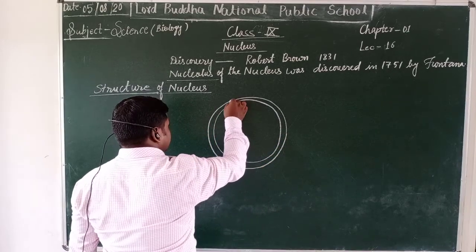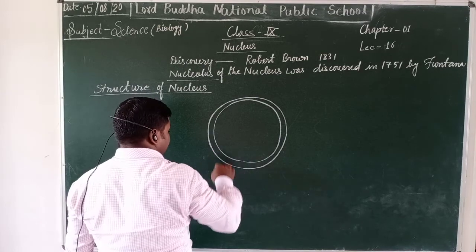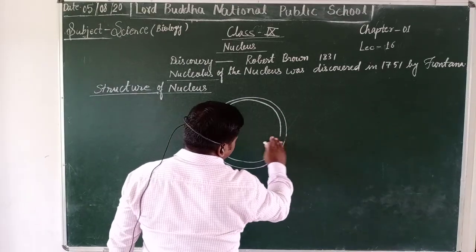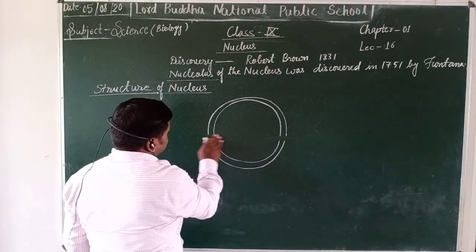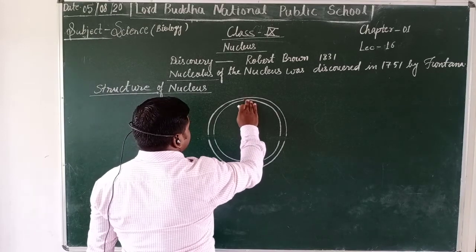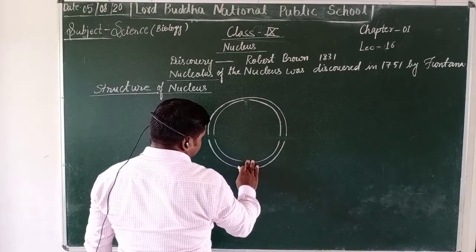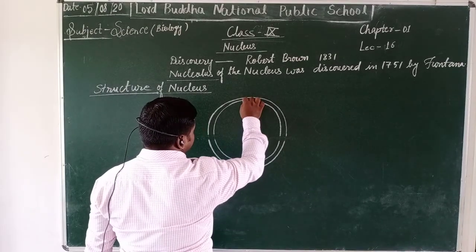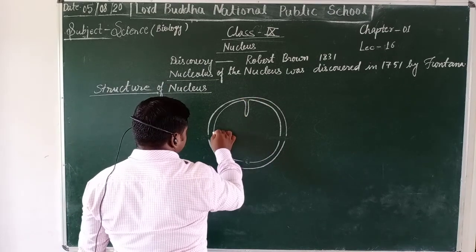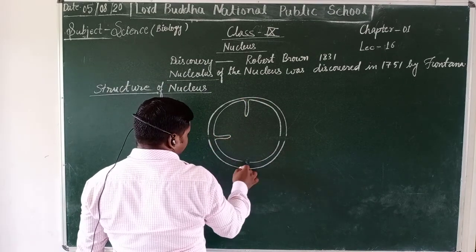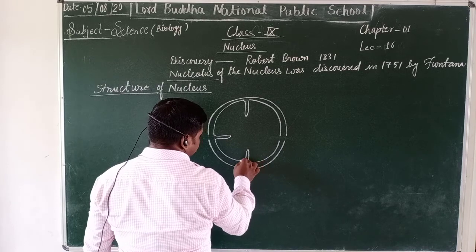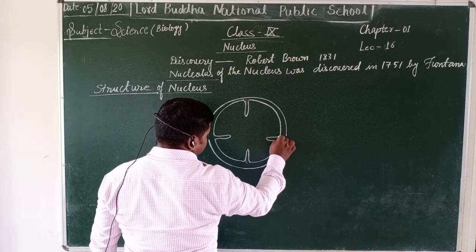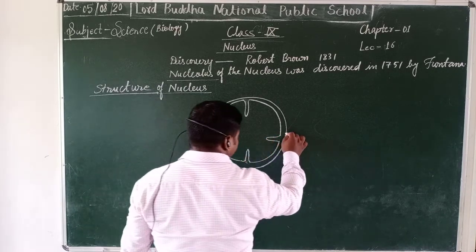But in a eukaryotic cell, the presence of the nuclear membrane helps in the separation of the nucleoplasm and the cytoplasm of the cell. This is a double unit membranous structure, the inner and the outer.